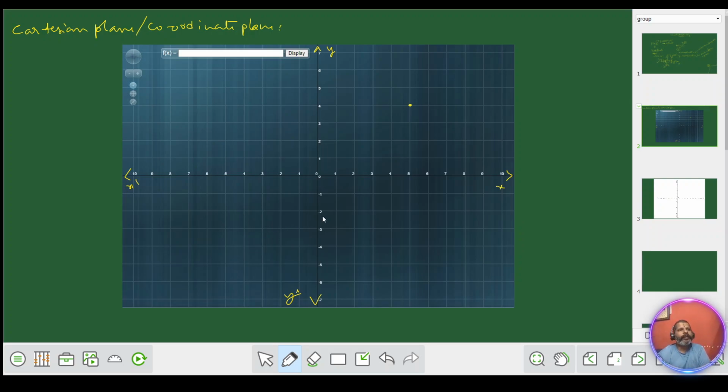When you draw x and y axis here, the plane is divided into four quadrants. Quadrant number one is the right side topmost. Quadrant 2, quadrant 3, as you can see in the figure, quadrant 4.